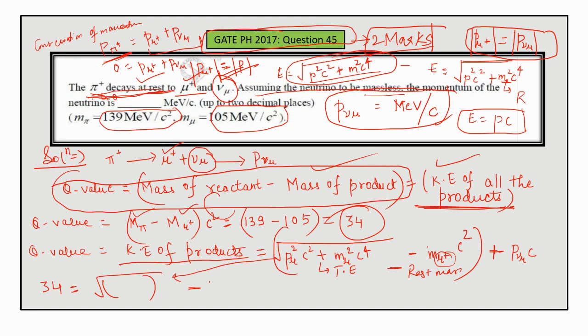The rest mass of the muon is given to us in the question itself, 105. So I am writing 105. You have to be very careful about the unit. It is MeV/c², so c² and c² will cancel and we can write 105. Then p_ν c.